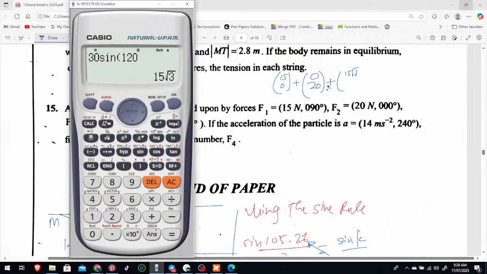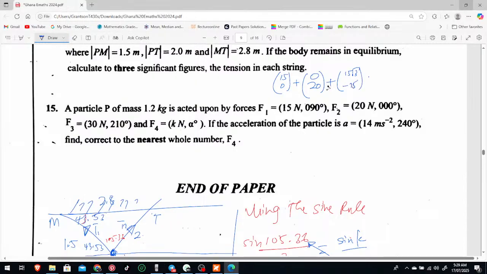And 30 cos 120 is negative 15. Plus F4. We don't know the K sine alpha, K cos alpha, so just represent it with F4. Right? Yes, sir.